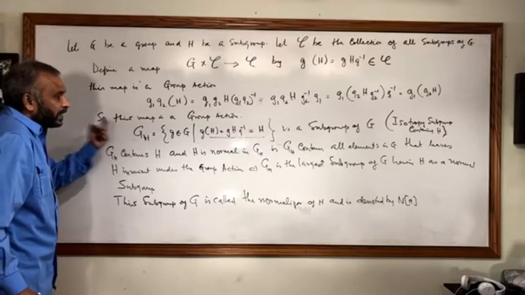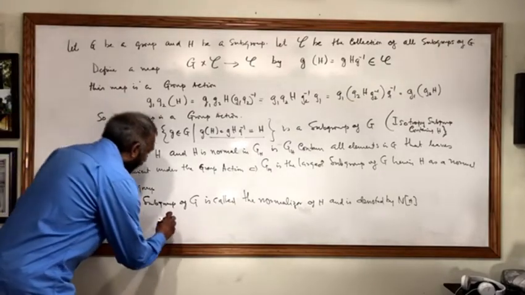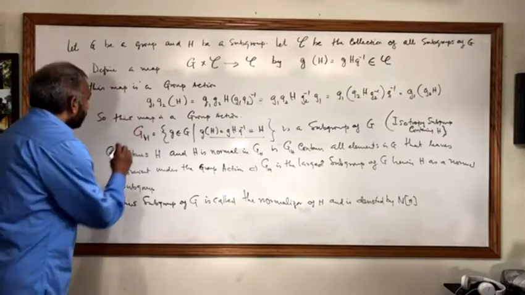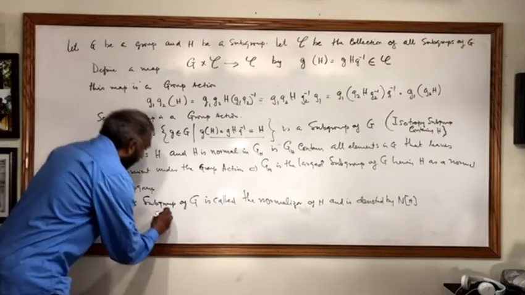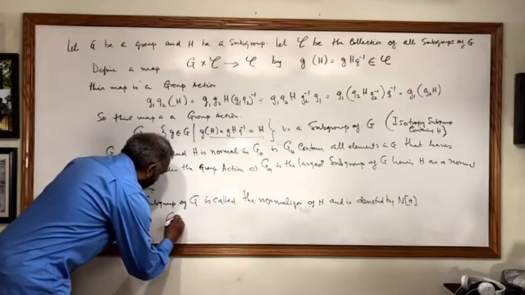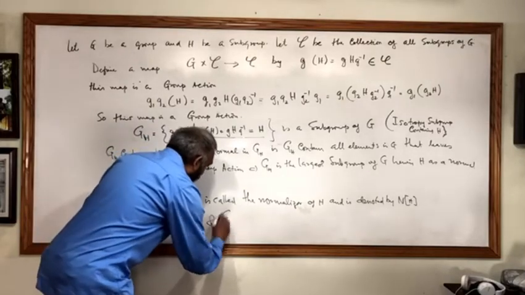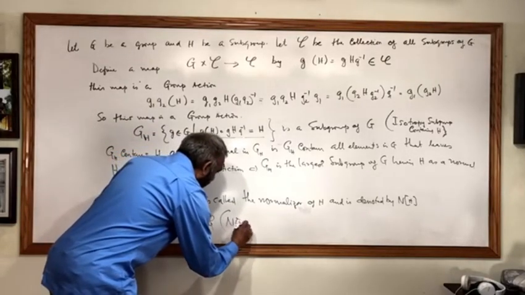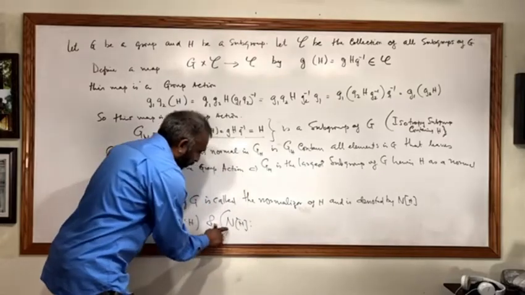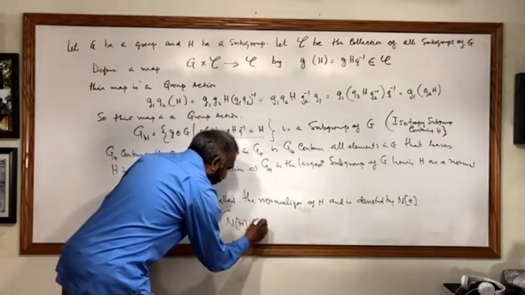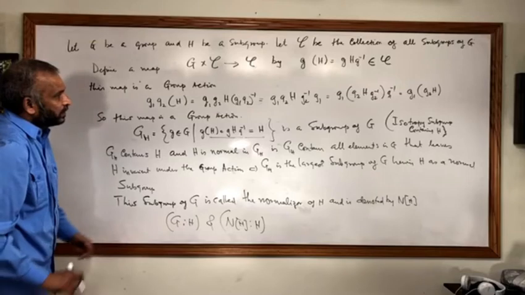Now the next attempt is to find out a relation between the index of G over H and the index of the normalizer of H over H. That is our next step.